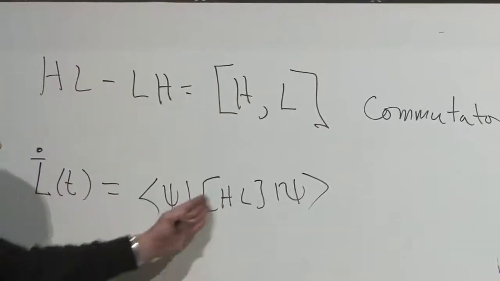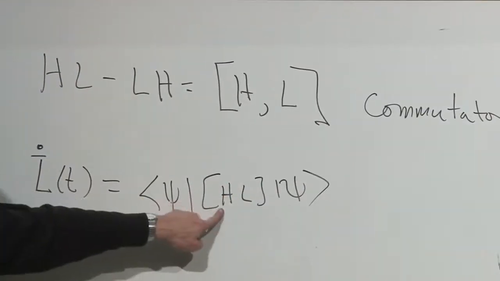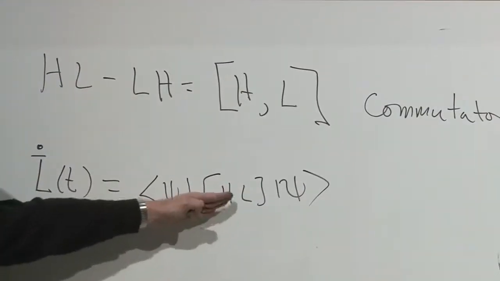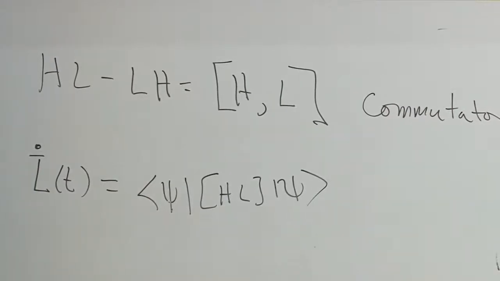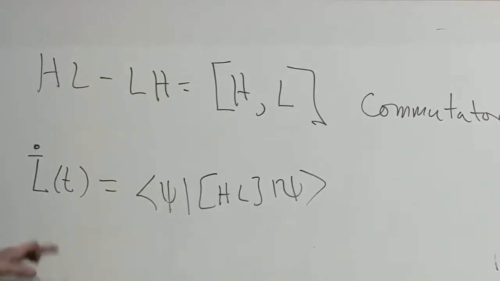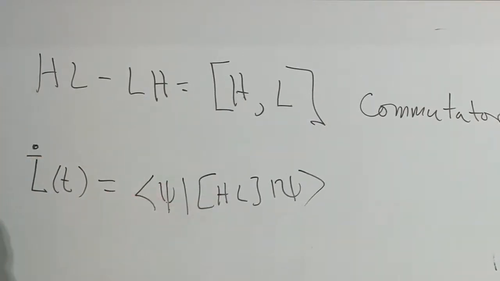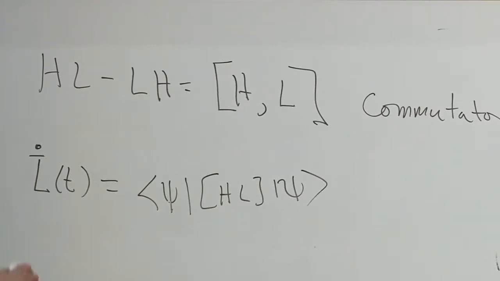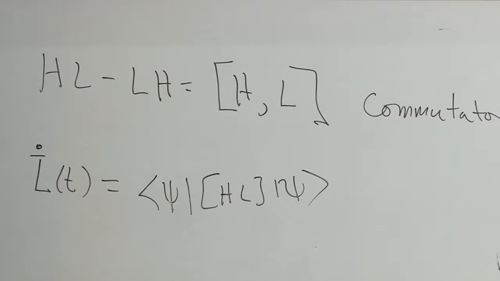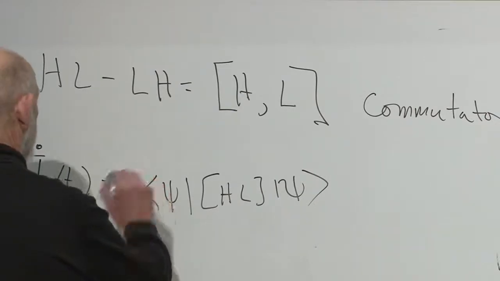But this object over here is just the expectation value of the commutator of H with L. So we can think of this as an equation relating the time derivative of a certain average to the average of another quantity. Is it plus i? It's plus i.